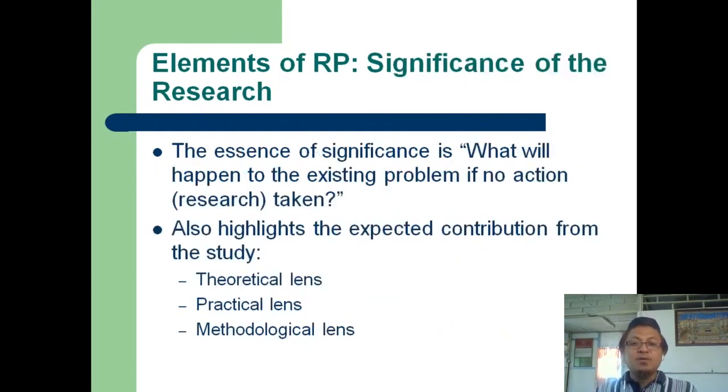Now, significance of the study. The essence of significance of the study is: what will happen to the problem that you discuss if no action is taken? In other words, if you don't do any research, what will happen to the existing problem? Of course, the problem will aggravate and continue to happen. For example, if you invest in a library portal, of course it is not cheap.